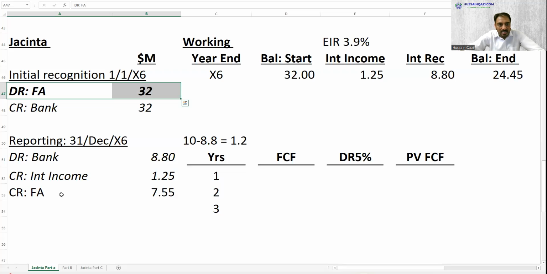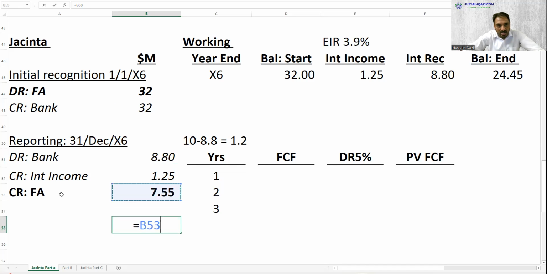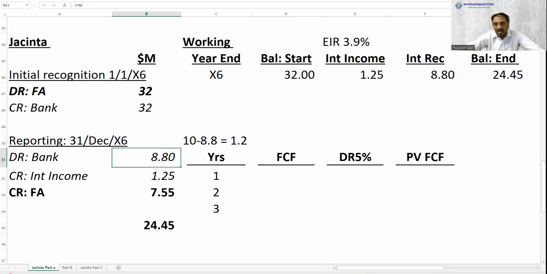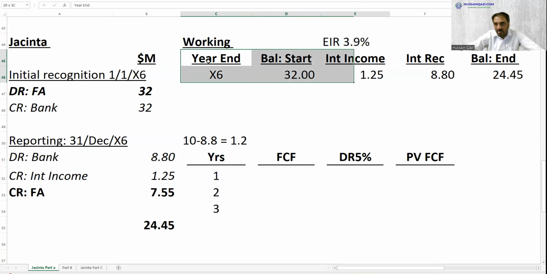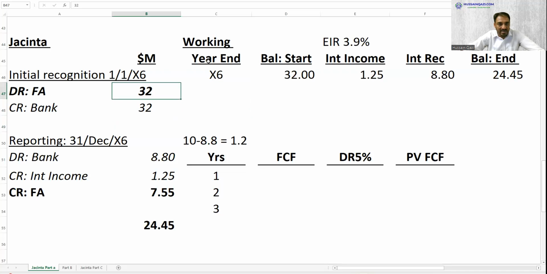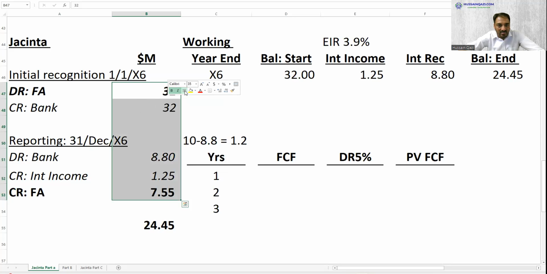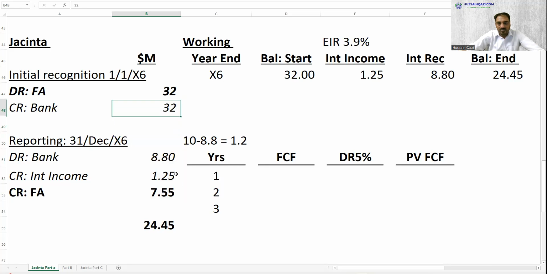So now you can justify your financial asset: 32 minus 7.55 is 24.45. And this amortization schedule also reflects the value of the financial asset, 24.45, which equals this double entry. Why have we made the double entry? Because the examiner's requirement is to make a double entry.